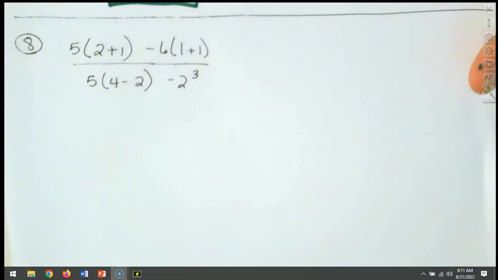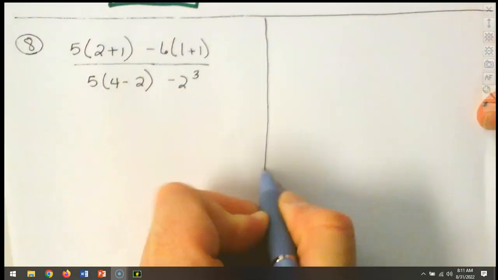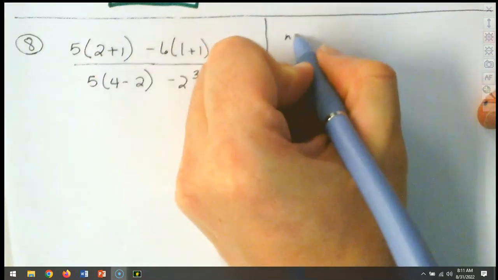What I generally do when I encounter a question like this one is break it up into the top half, which is the numerator, and the bottom half, which is the denominator. So we're going to look at the top half, the numerator, first.